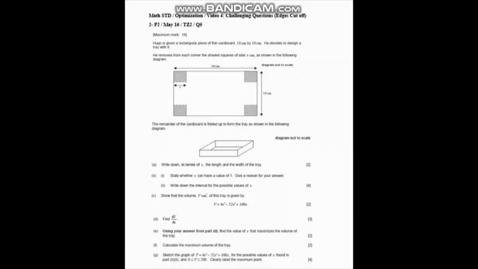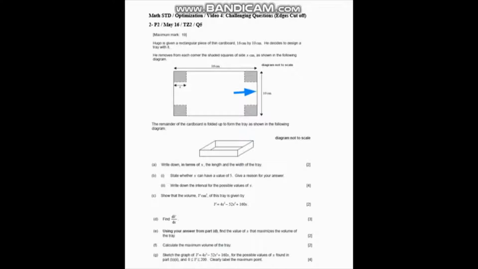Moving on, in B(i) you are asked, state whether x can have a value of 5 and give a reason for your answer. Of course, x cannot have a value of 5 because, as we said, this part right there is 10 minus 2x. So if x were to equal 5, this component would be 10 minus 2 times 5, or 10 minus 10, or 0.